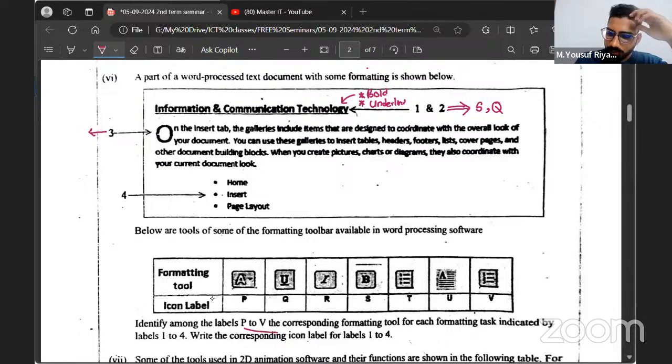What is the tool for text wrapping? It's the tool U. Tool U is used for text wrapping. See, the letter O is coming for the first line as well as the second line. We call it text wrap. And then if you take number 4, that is done using which tool? We call it text wrap.